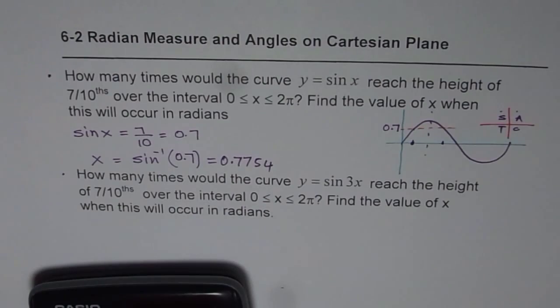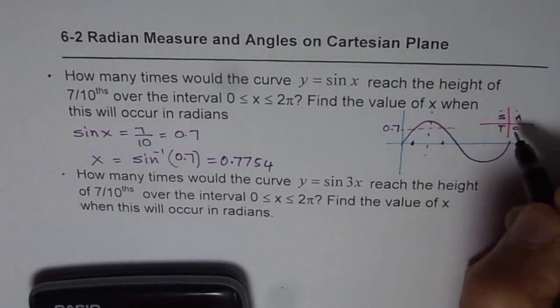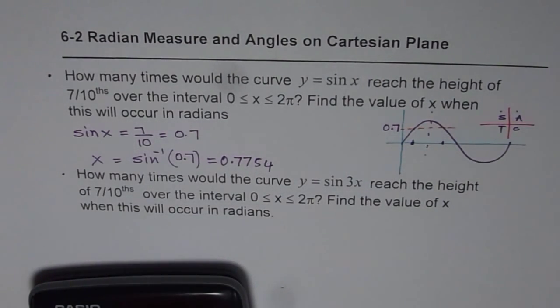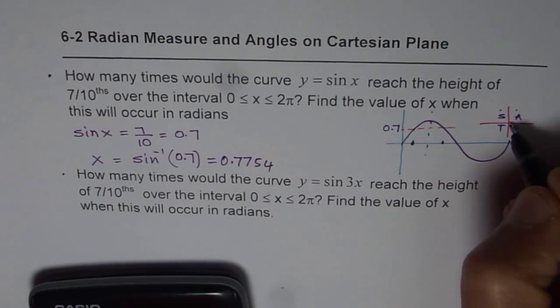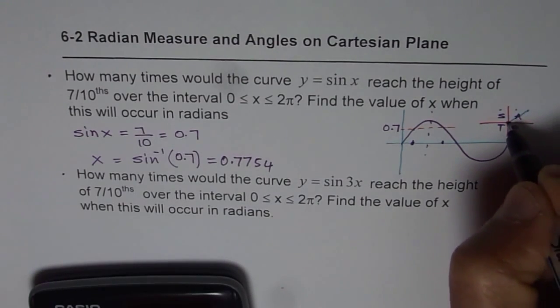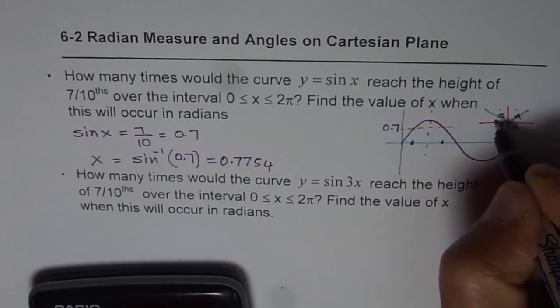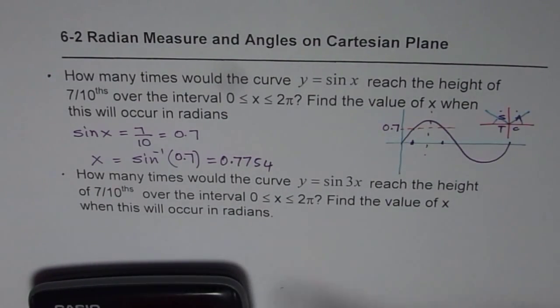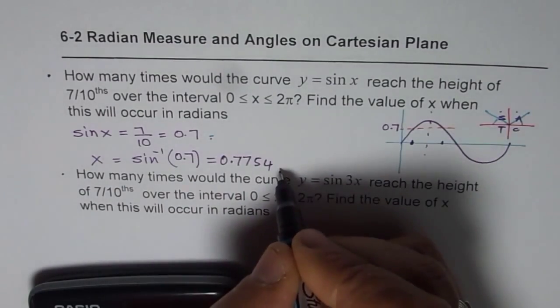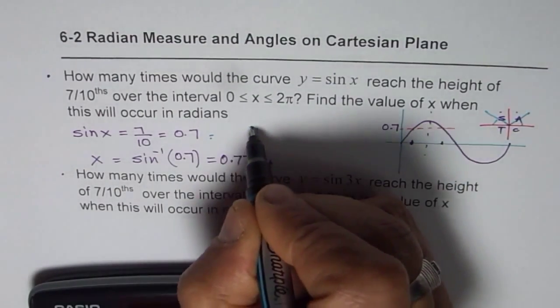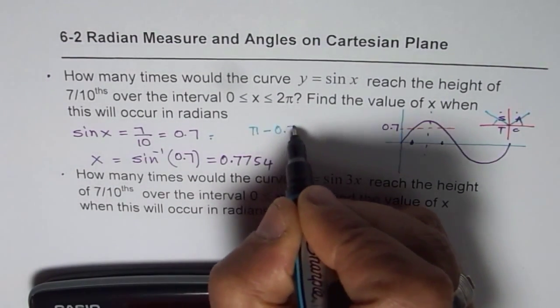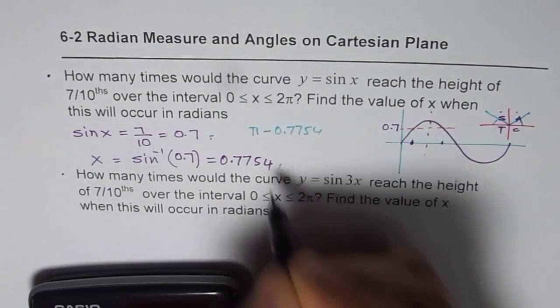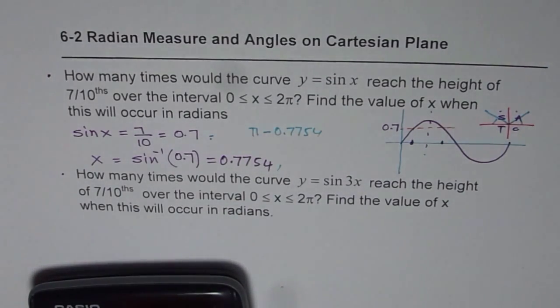Now we have got the related acute angle. So the other value is pi minus the related acute angle. The other value will be pi minus 0.7754.